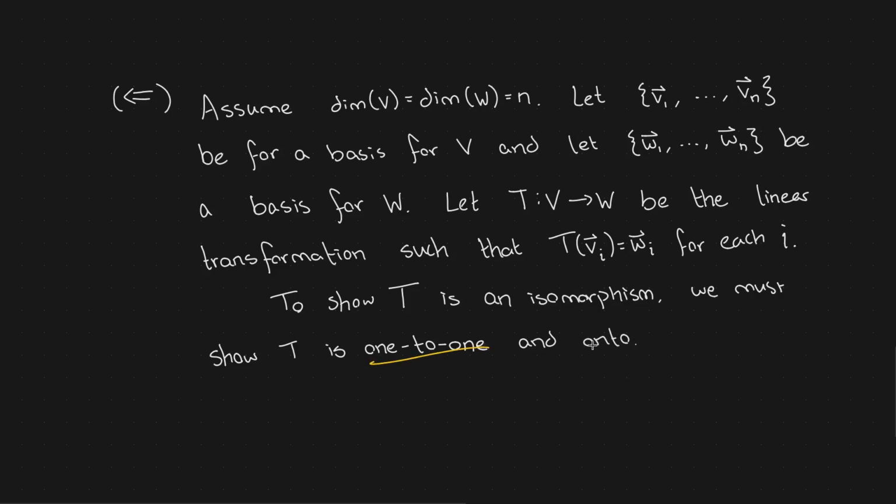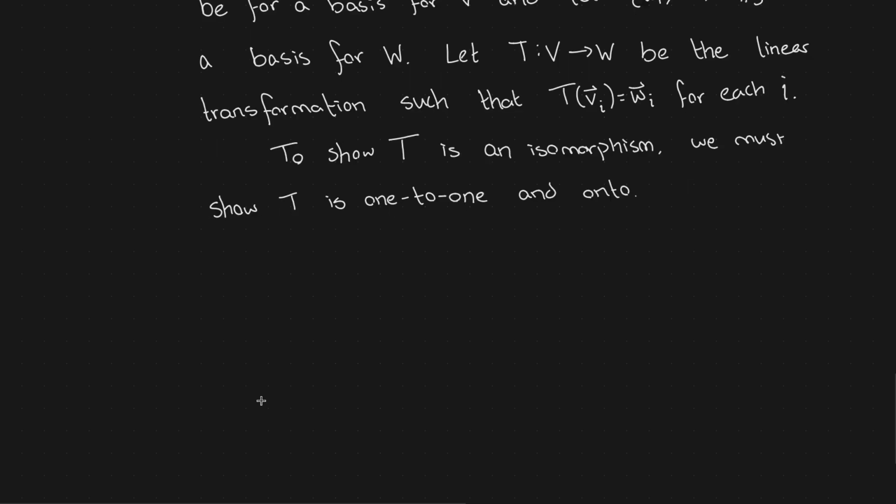Okay, if T is 1 to 1 and onto, then it is an invertible linear transformation. And an invertible linear transformation is exactly what an isomorphism is. An isomorphism is just a fancy way to say an invertible linear transformation. Okay? All right, so let's start with 1 to 1.